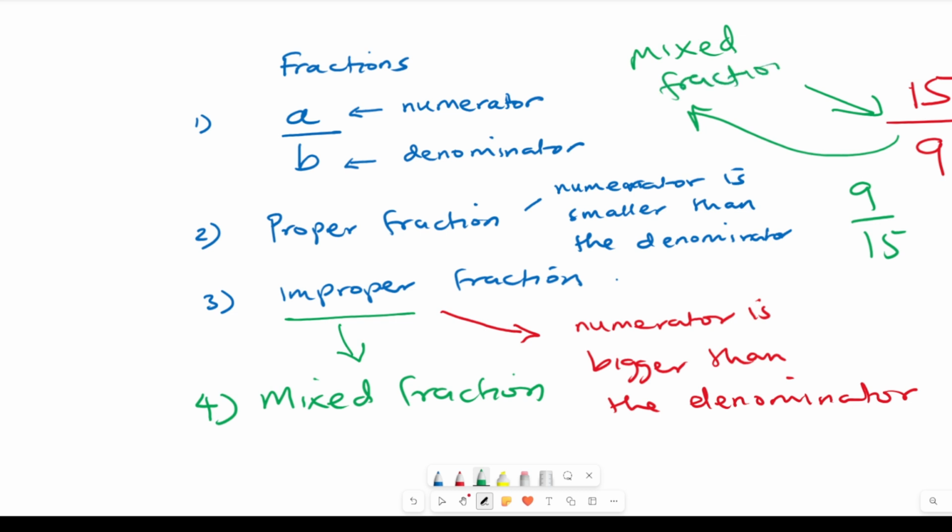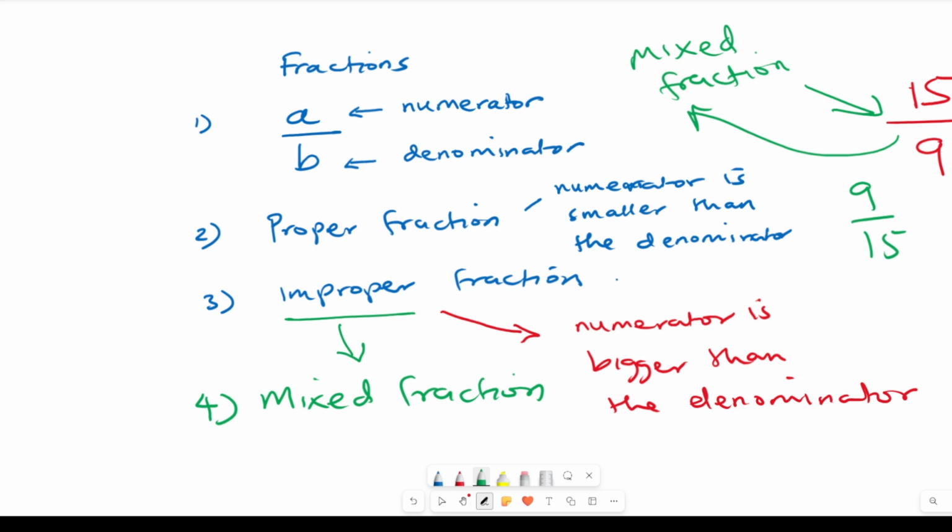A mixed fraction will maintain the value of 15 over 9, but we will no longer have a bigger number sitting on a small number. We will no longer have a numerator being bigger than a denominator. We will have a mixed fraction. Okay, so that is a mixed fraction.